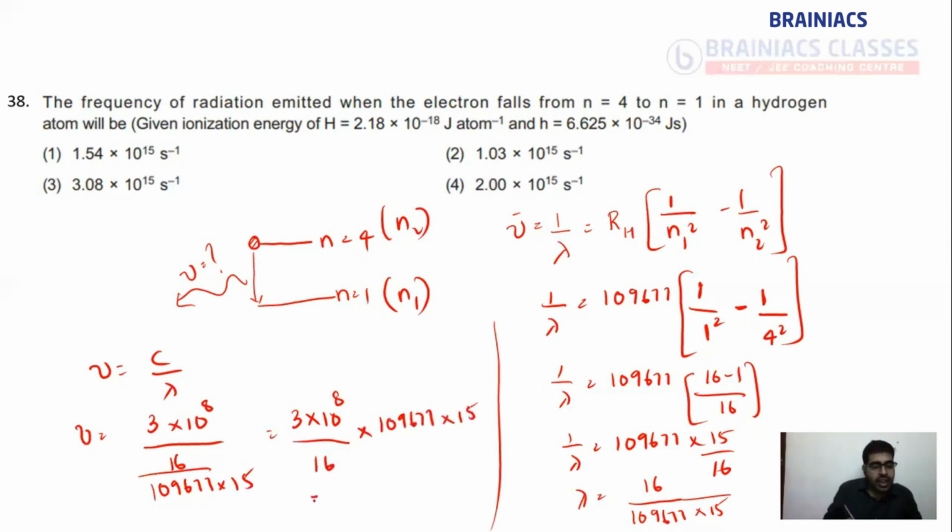Now after doing this, you will get the answer. You have to calculate this. I didn't calculate it, so I'm going to calculate the value. So the answer is 3 into 109677 into 15 divided by 16.